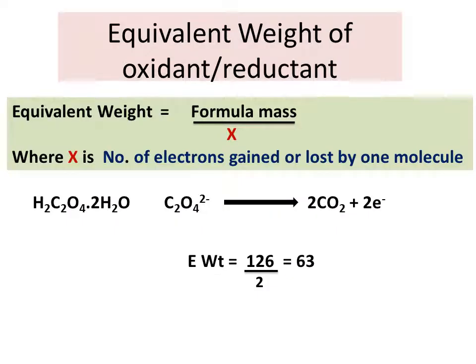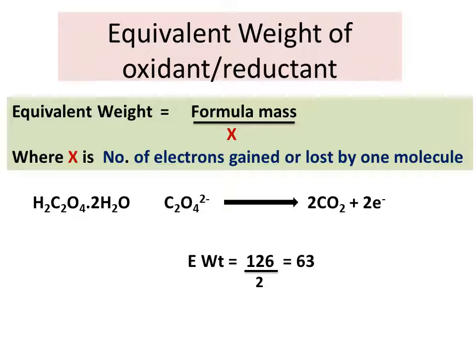So let us talk about how to calculate the equivalent weight of an oxidant or reductant. The formula is again the same, mass divided by a factor x. What is that factor x? X here is the number of electrons gained or lost by one molecule. So let us take the case of oxalic acid.